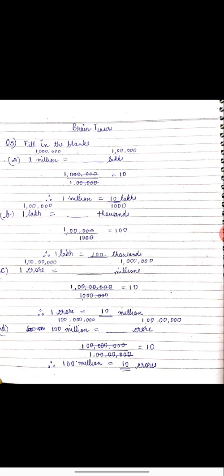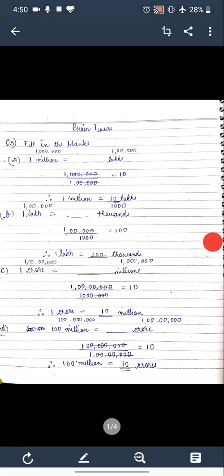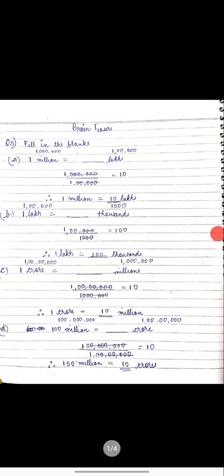So you will cut 5 zeros from below and 5 zeros from the top. After cutting 5 zeros from below and 5 zeros from the top, what is remaining with you? 10. That means 1 million is equal to 10 lakhs. That means to make 1 million, you need 10 lakhs.